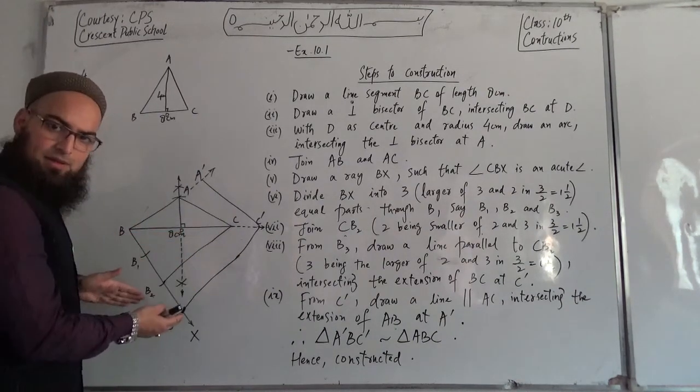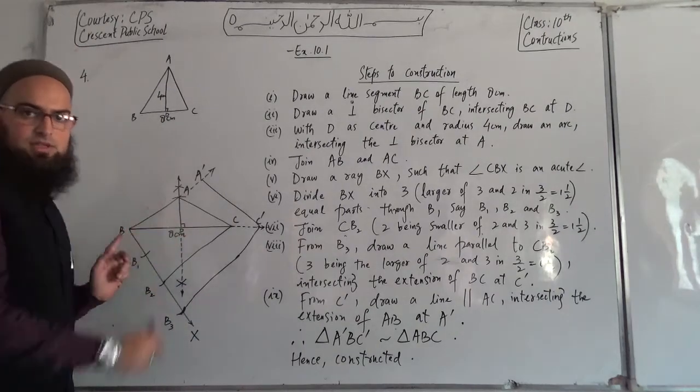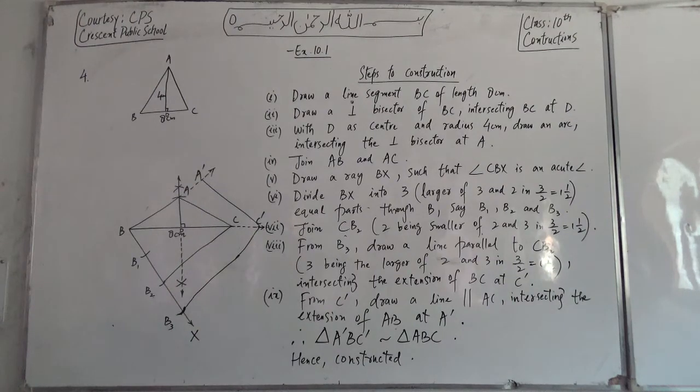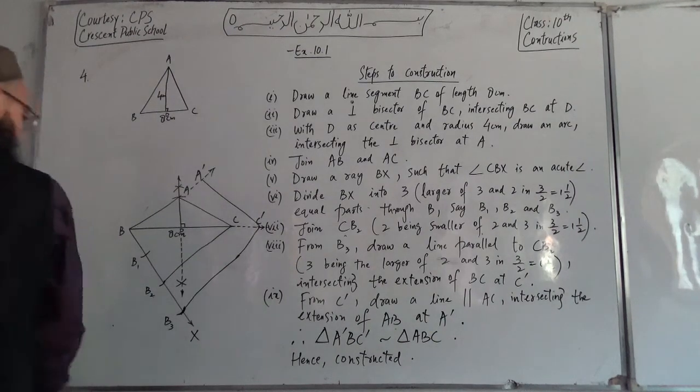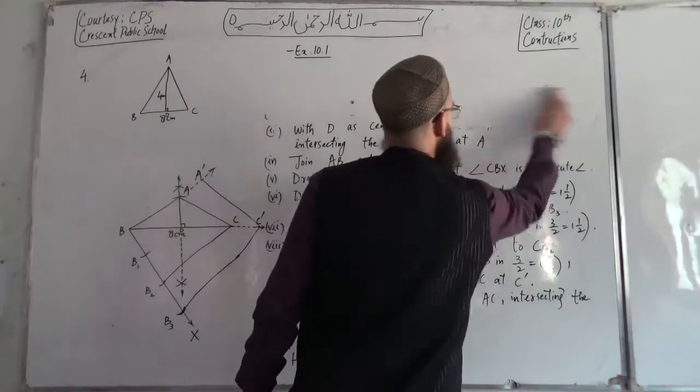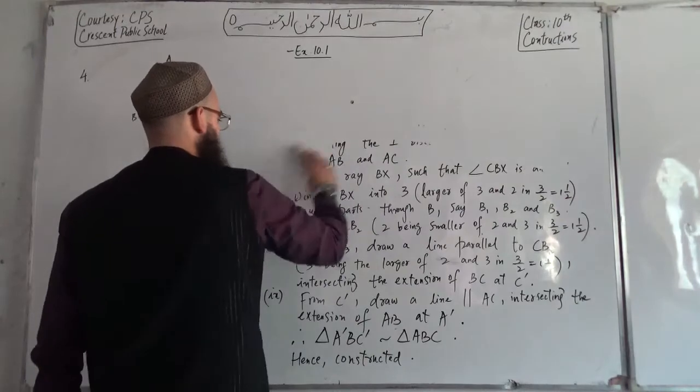Again, how would you do the line parallel? Exactly in the same way we just learned in the previous questions. Make a note. Then after that, you need to justify your construction.